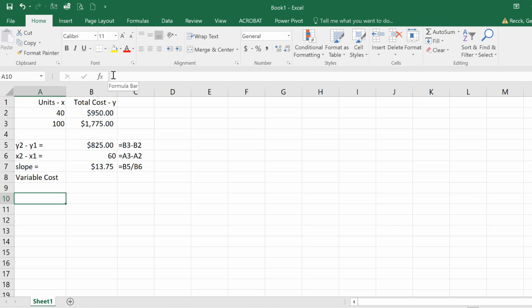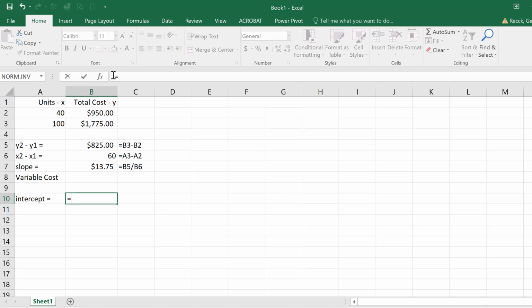Now, to find the fixed cost, we need to find the intercept. And don't get too terribly worried about these formulas. This is mostly to relate what I'm going to do visually to something that you might be familiar with. Now for the intercept, I'm going to get right to the formula.